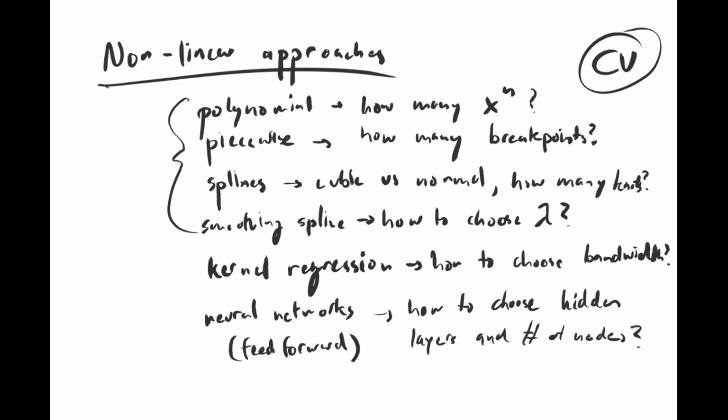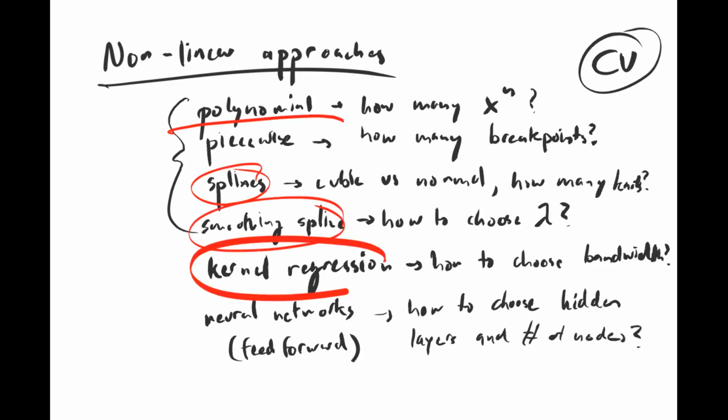Is that the distinction? Yeah, so that's polynomial like this, right? But it could be more complex, which is why we use splines and smoothing splines, kernel regression, and neural networks.